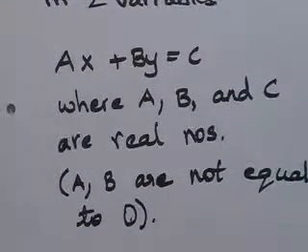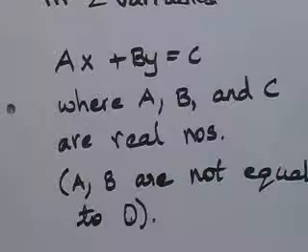Okay, so that gives you a general idea of what your linear equations or first degree equations look like and what their solutions will look like. Basically, they will be ordered pairs with your x and y coordinates.